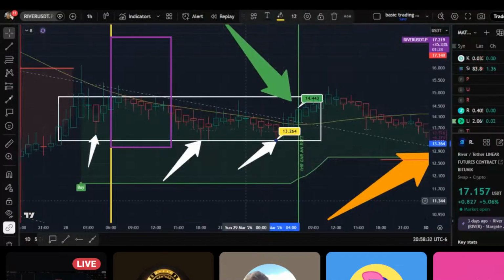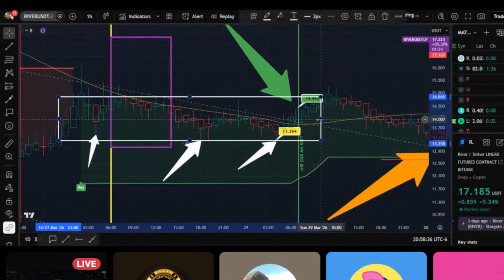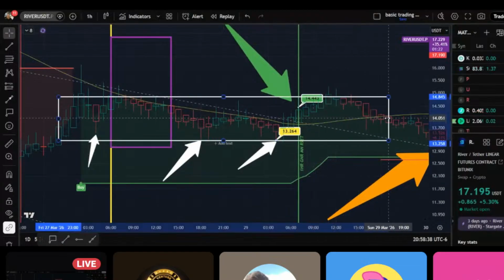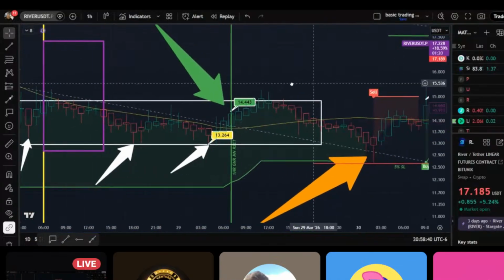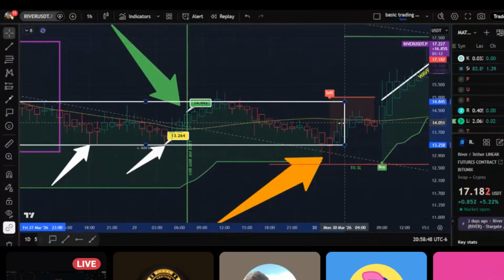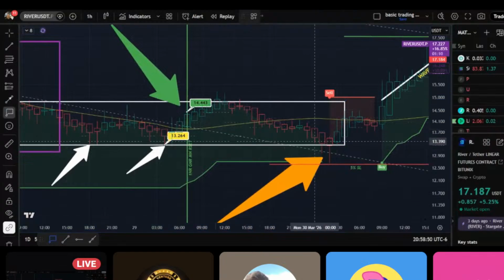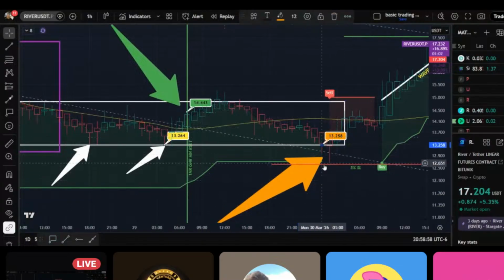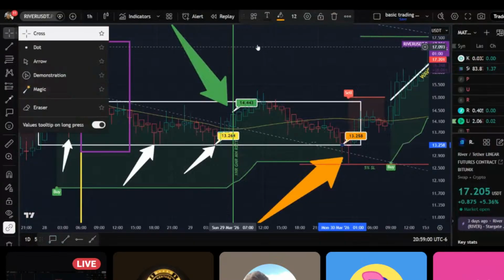So we would decide that we would put an entry at this level here, and that's just determined based off the pullbacks that happened. So our entry would happen somewhere in this pullback zone, and we get lucky because it pulls back and we hit right here. Actually, it would be this candle there. So that triggers our entry point into this trade.